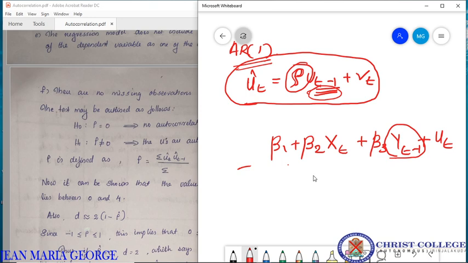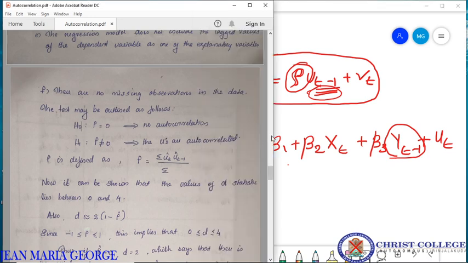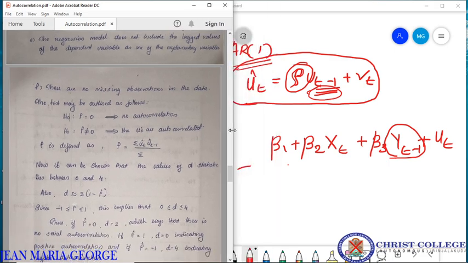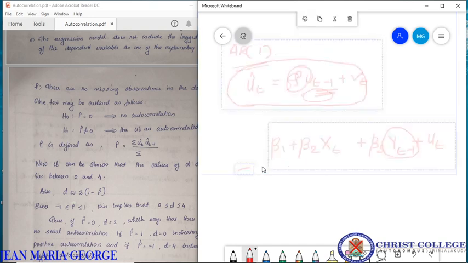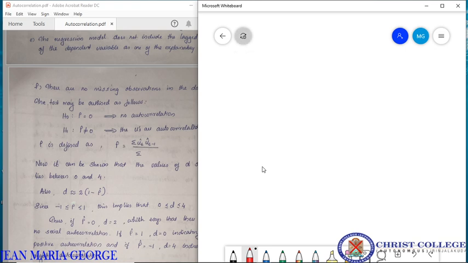Now we are making the test statistic, and for testing we have to have some hypothesis. Only if we have some hypothesis can we test it. So our null hypothesis is that rho is equal to 0.